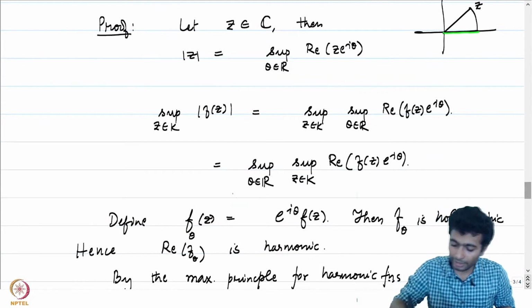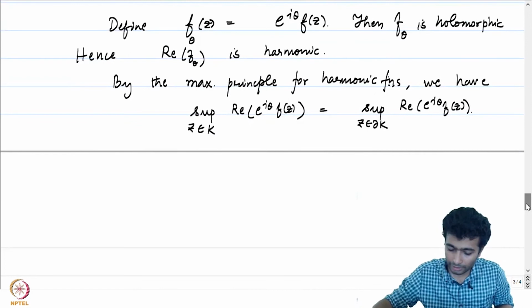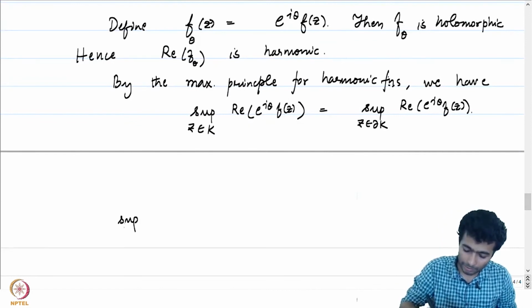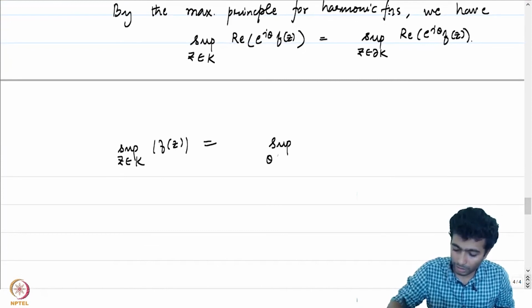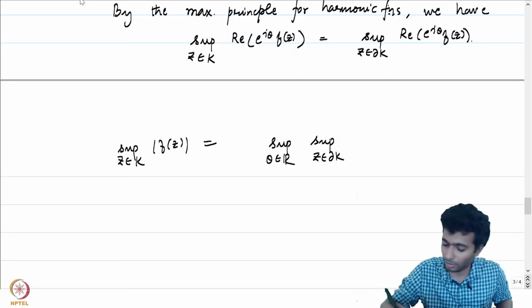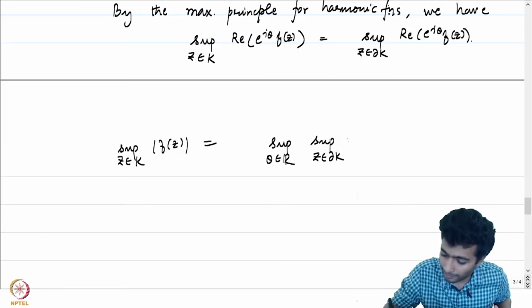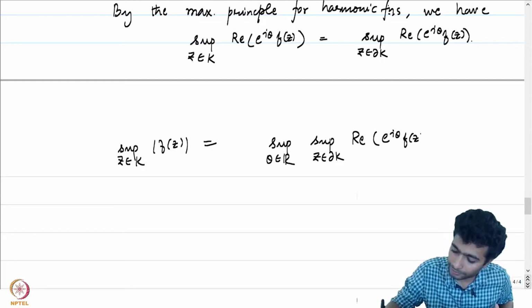And let's plug that in here. And what do we have? We then have that the supremum of z in K of mod f of z is equal to the supremum over theta in R, supremum of z in boundary of K now instead of K. By this observation, we have just reduced it to studying it over the boundary of K, of the real part of e to the power i theta f of z.